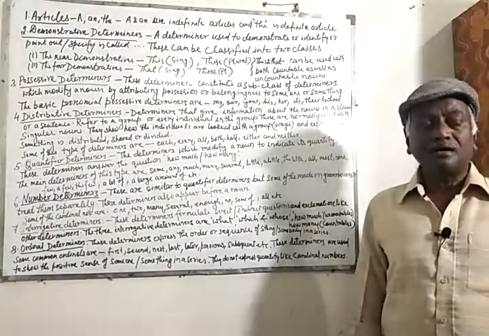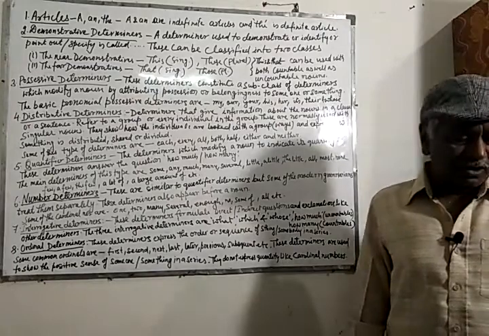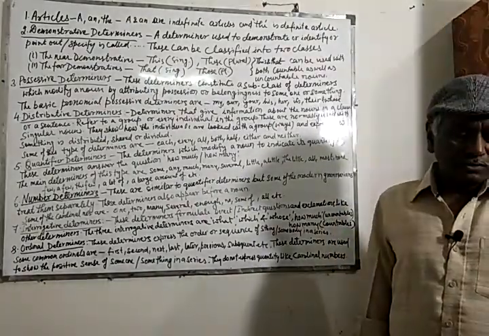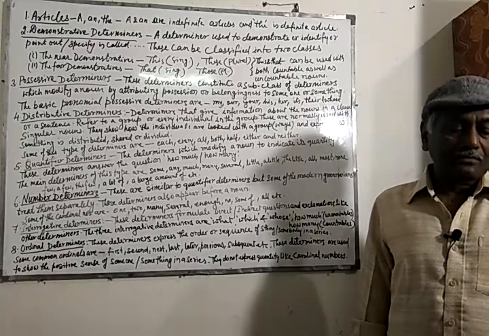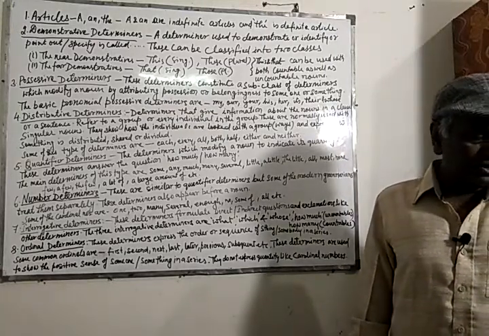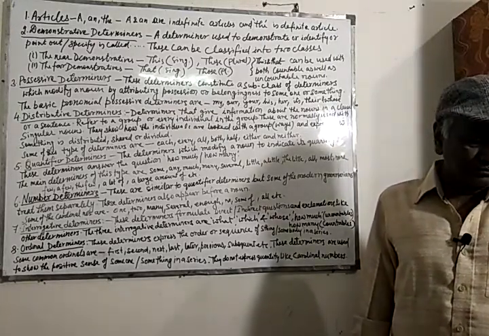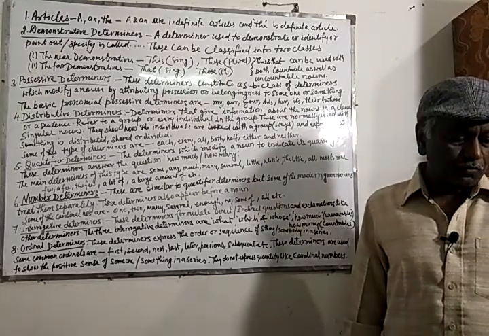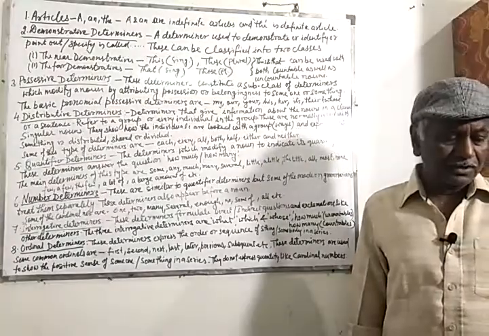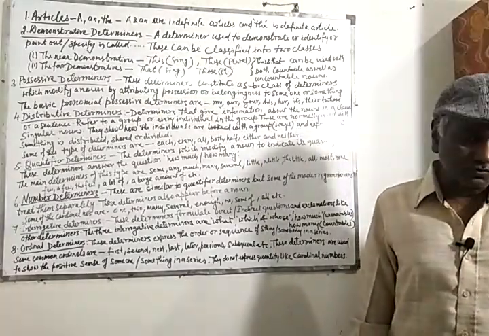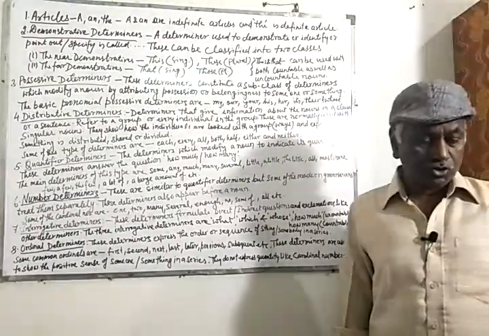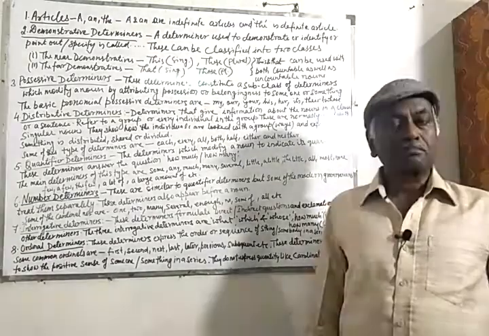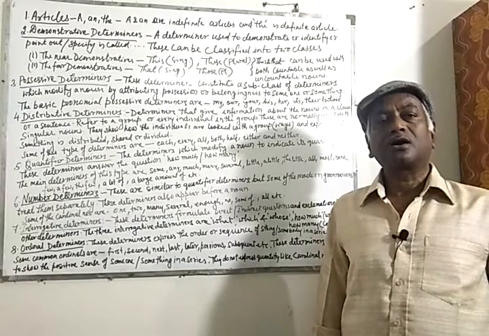A determiner is a word that modifies the noun that follows it. In other words, determiners are used before nouns to show which or how many things the noun refers to, or to specify an object, person, place or thing.